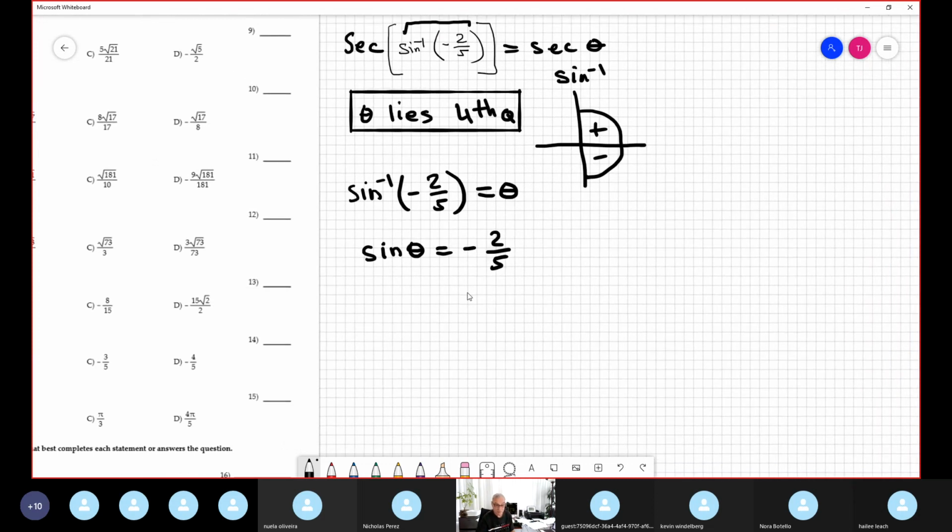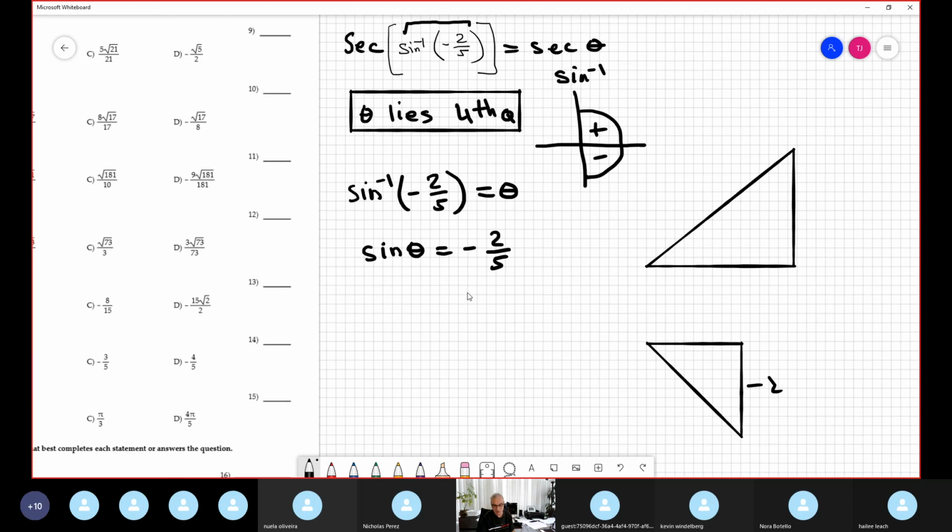Now, in order to find secant, I need to do the triangle. But when you are doing the triangle, guys, you don't care about this sign. You forget this negative temporarily. Some students make the mistake of doing the triangle backward because of the -2. You compute the value and you adjust the sign with the quadrant.